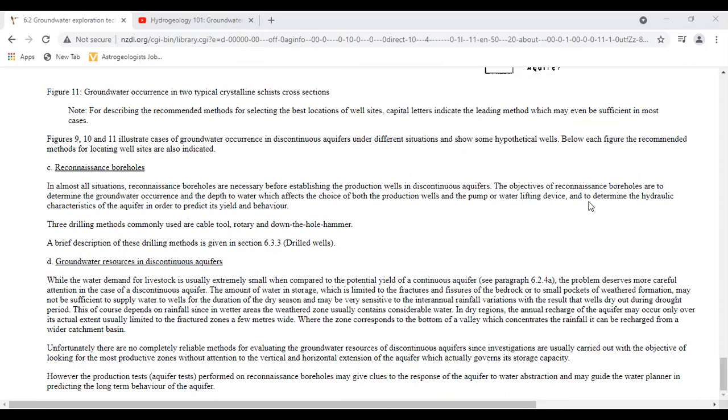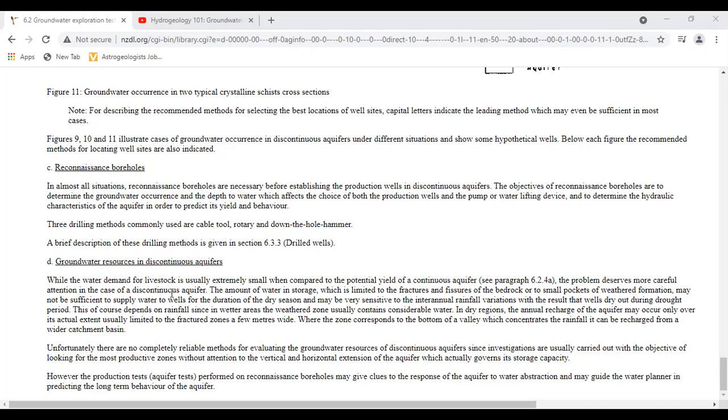The objectives of reconnaissance boreholes are to determine the groundwater occurrence and the depth to water, which affects the choice of both the production wells and the pump or water lifting device, and to determine the hydraulic characteristics of the aquifer in order to predict its yield and behavior. Three drilling methods commonly used are cable tool, rotary, and down-the-hole hammer. A brief description of these drilling methods is given here.